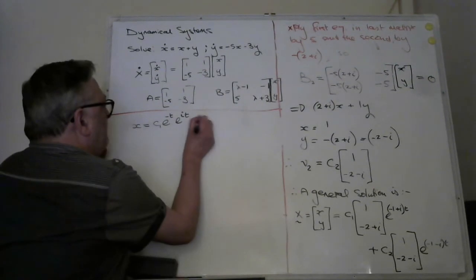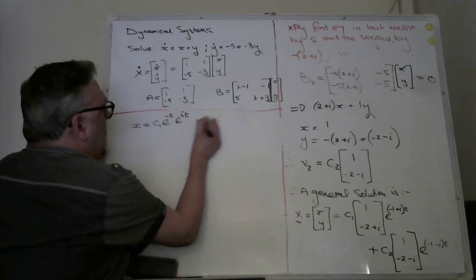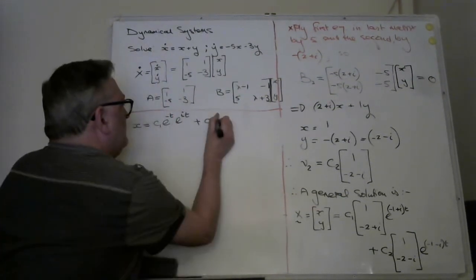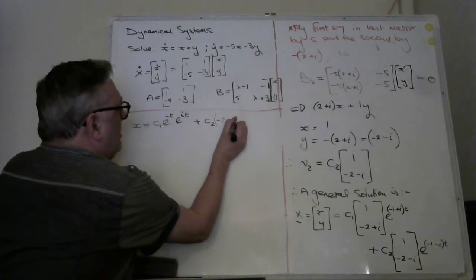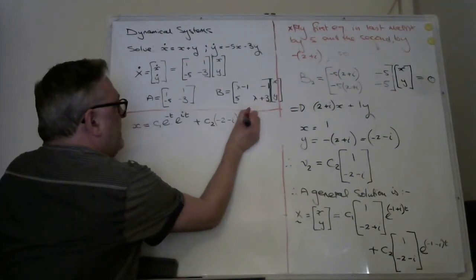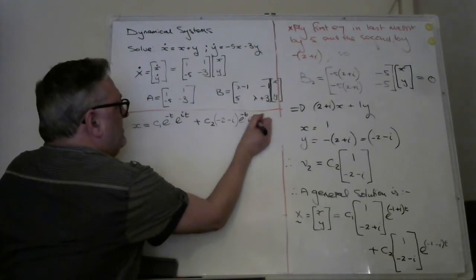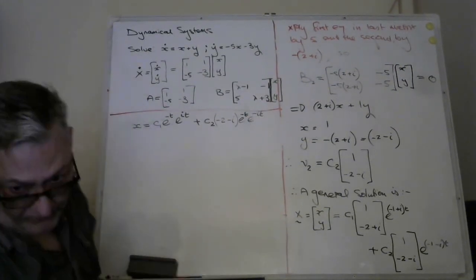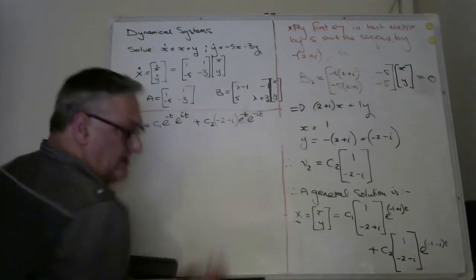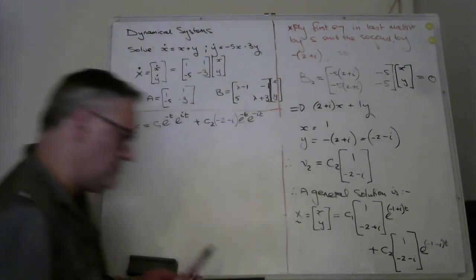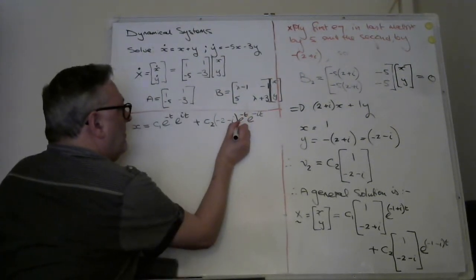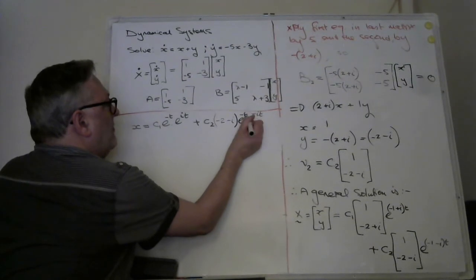And then we've got plus c2 times minus 2 minus i, e to the minus t, e to the minus i t, right? I think I picked up the wrong pen again. Right.